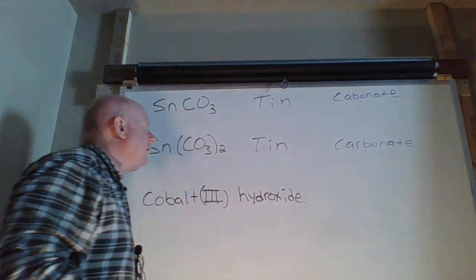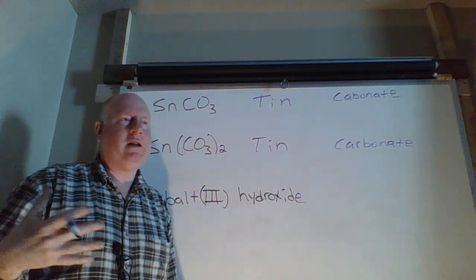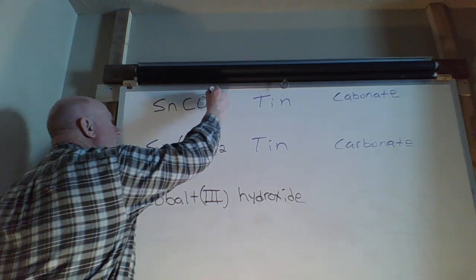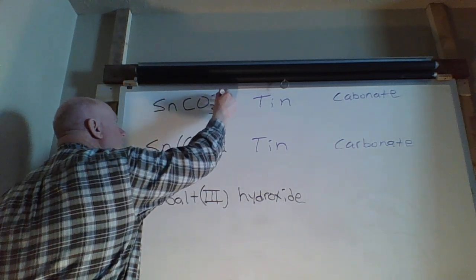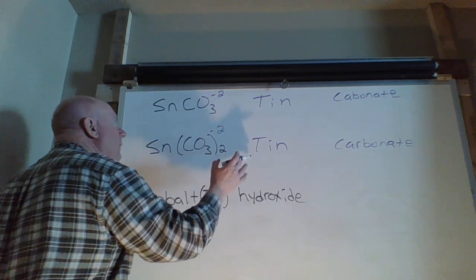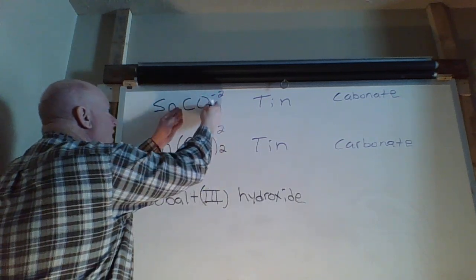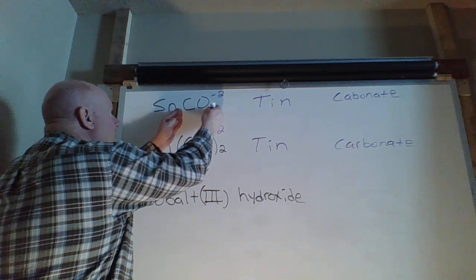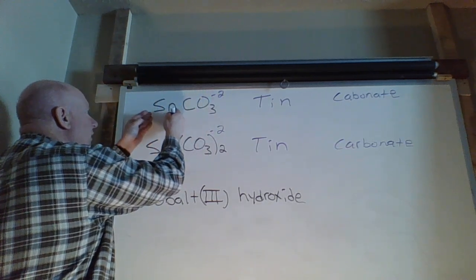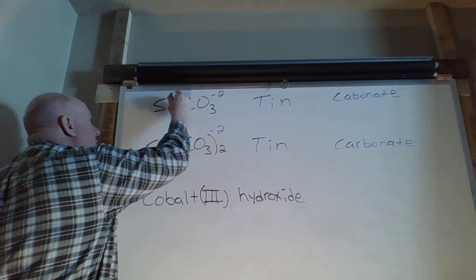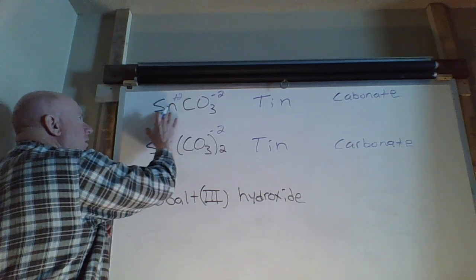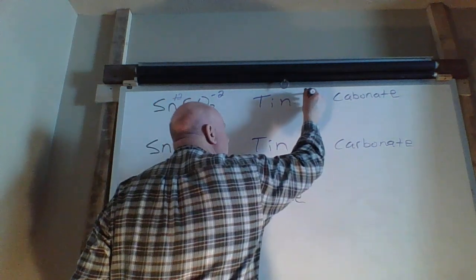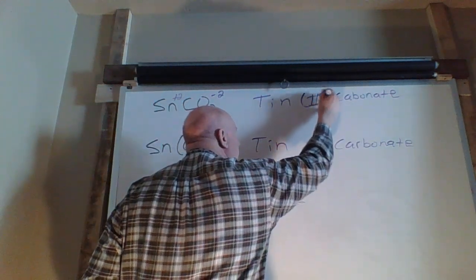Then in determining which one it's going to be, we said always go by your negative ion. Carbonate has a charge of -2. So we've got one carbonate ion that has a charge of -2. So to add up to 0, this tin has to have a charge of +2. So +2 minus 2, that adds up to 0. So this would be called tin 2 carbonate.